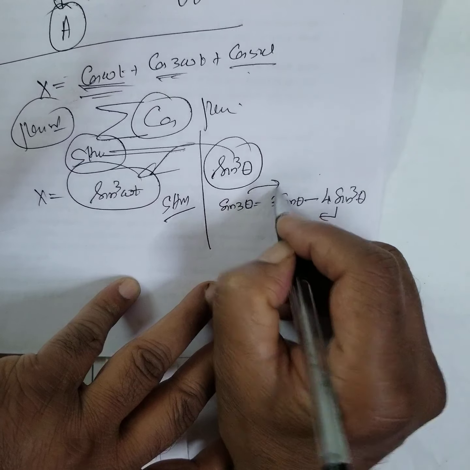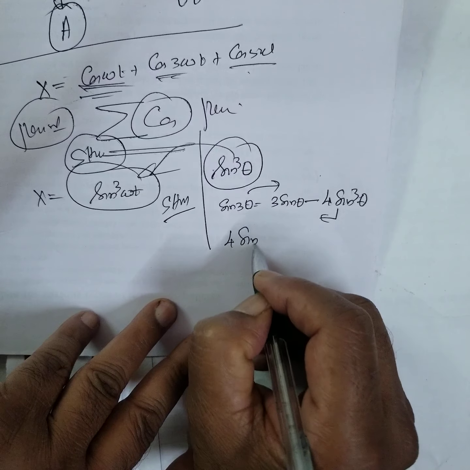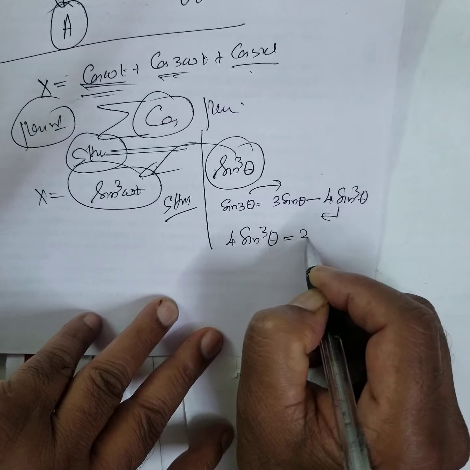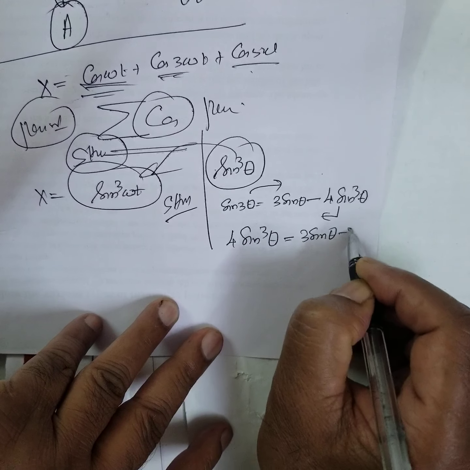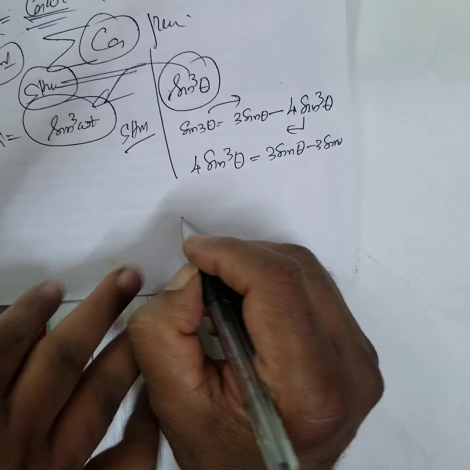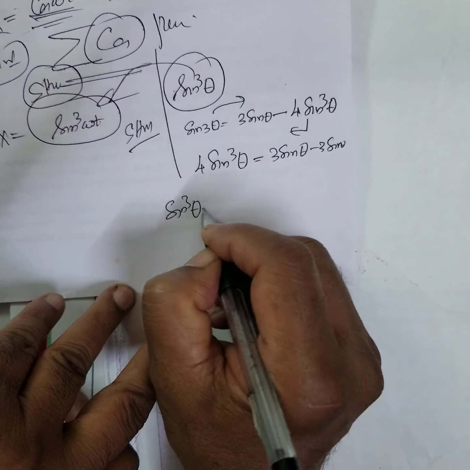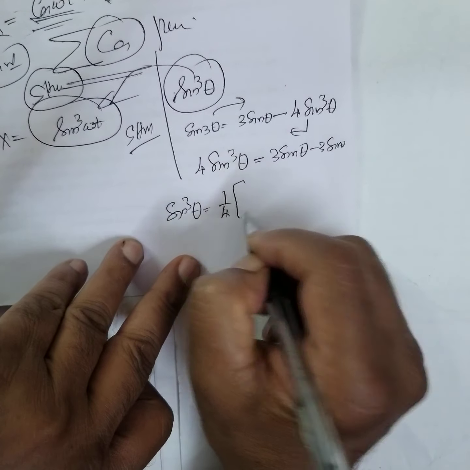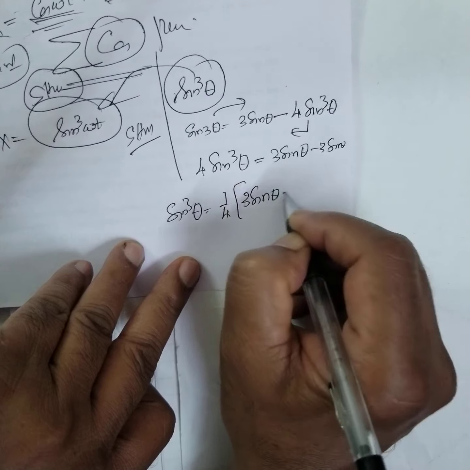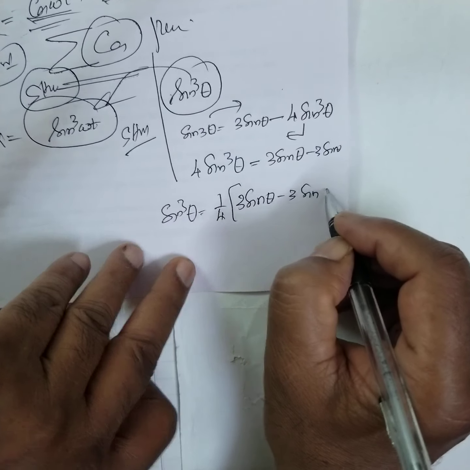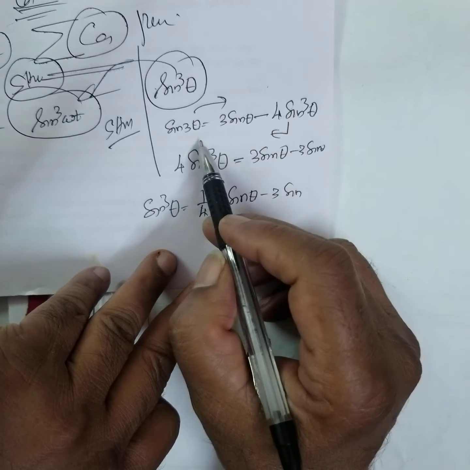You bring this side, you send that side. 4 sine cube theta is equal to 3 sine theta minus sine 3 theta. Therefore, sine cube theta is equal to 1/4 of 3 sine theta minus sine 3 theta.